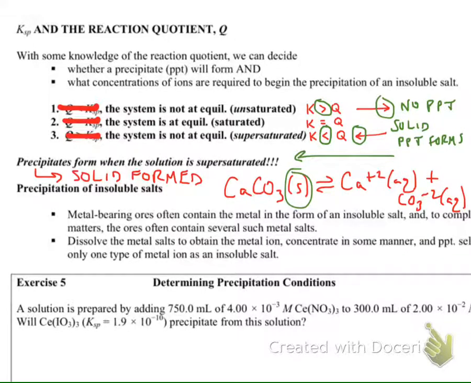We're going to be able to compare a Q and a K value together. And if the Q is greater than the K, a solid will form. And if not, then our ions will just be dancing and bouncing around in solution merrily and happily. And so let's take a look on the next page and start this problem.